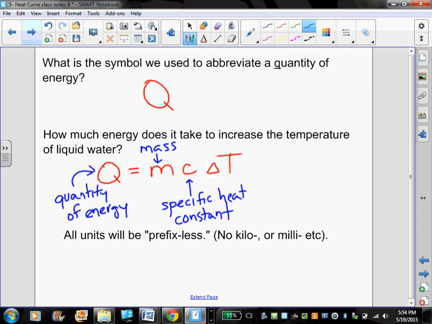Much of what we did first semester was trying to figure out what the specific heat was for various materials. You guys did a lab where you found the specific heat of a certain metal. So that specific heat is coming back once more. And then delta T is a little bit more self-explanatory. We're talking about the change in temperature.